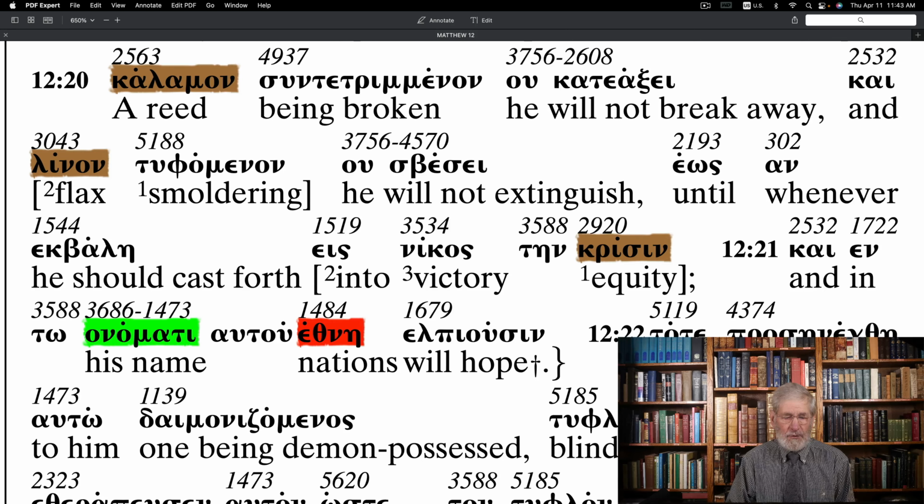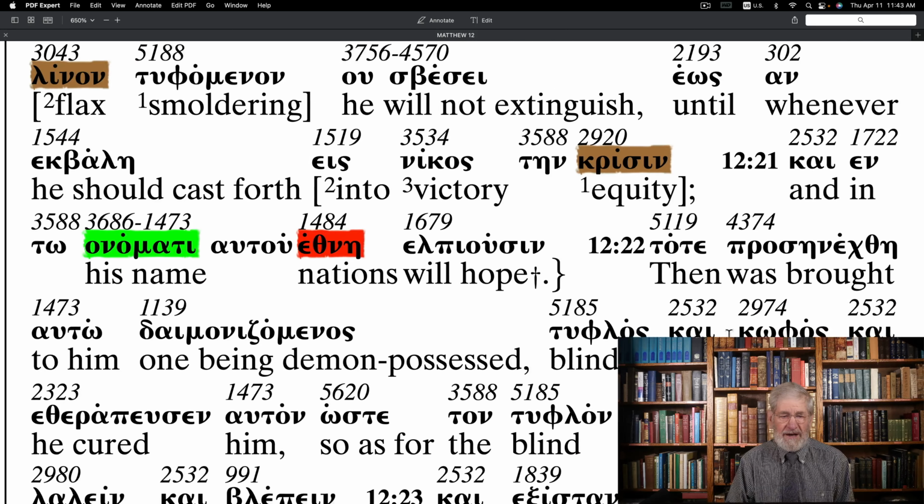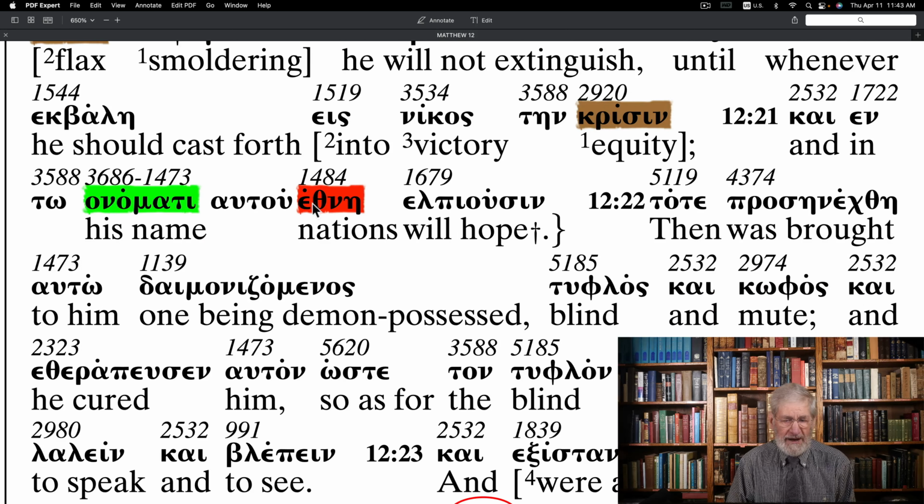In verse 21, it continues, "Kai en to onomati autou ethne elpiousin," and in his name nations will hope.